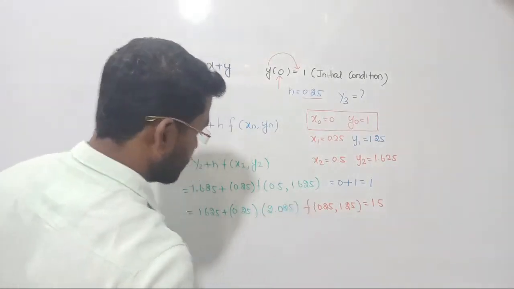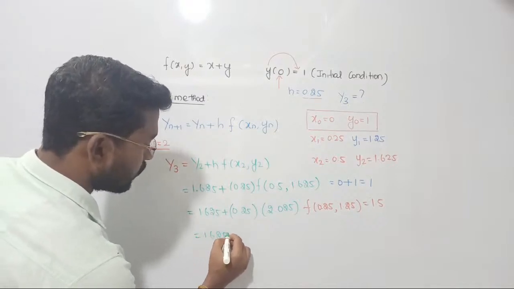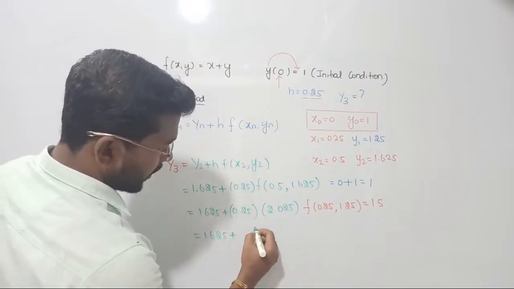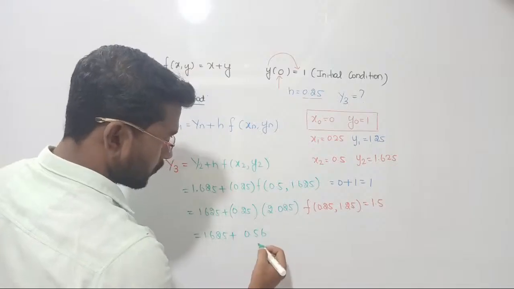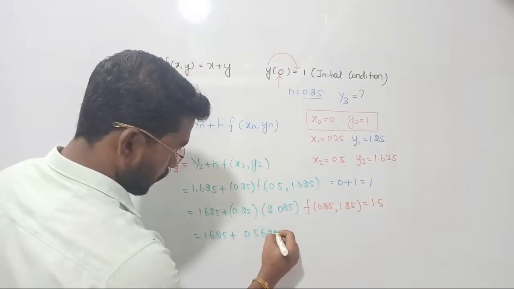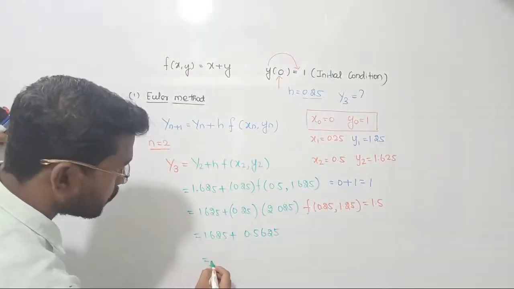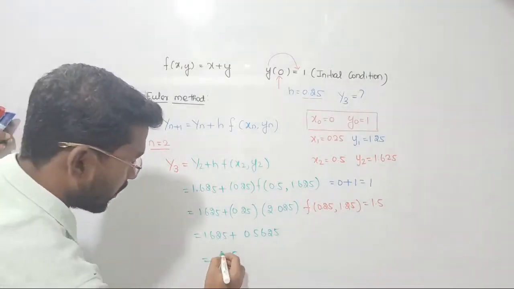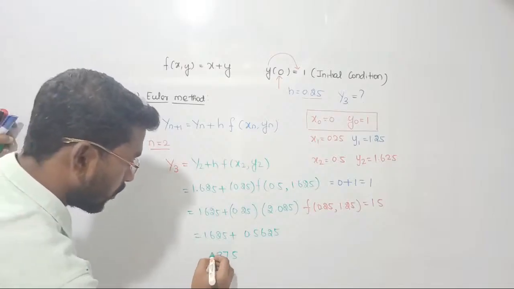Correct? Yes. Let's reduce this function further. It is going to be 1.625 plus, can you cancel it? I think directly we cannot cancel. 0.5625, that is the correct answer, right? So let's add these two, and I'm getting 5, 7, 8, 1.